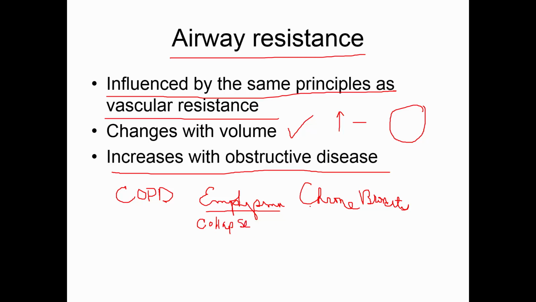And with chronic bronchitis, because of overactivity of the mucus glands, there's a lot of mucus clogs. Asthma is the other thing, and with asthma, there's constriction of the airways. All of these things are going to decrease the radius of the airways and increase airway resistance, so it makes it harder to move the air through the airways.